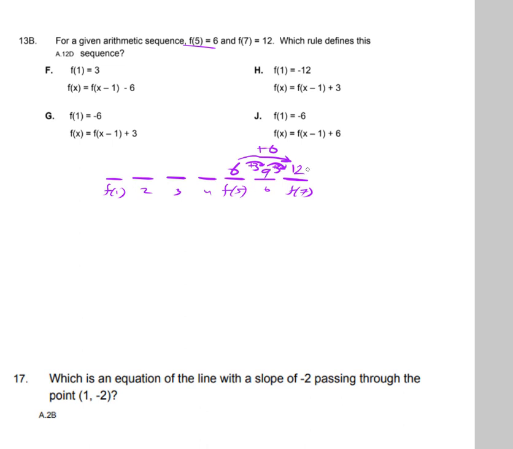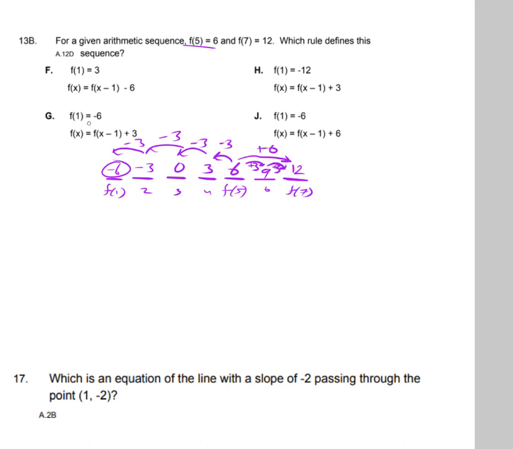And as you can see now, if I'm adding 3 for each of these jumps, then going backwards, I would be subtracting 3. So this would be 3, and this would be 0, and this would be negative 3. And then this one, if I subtract 3, would be negative 6.